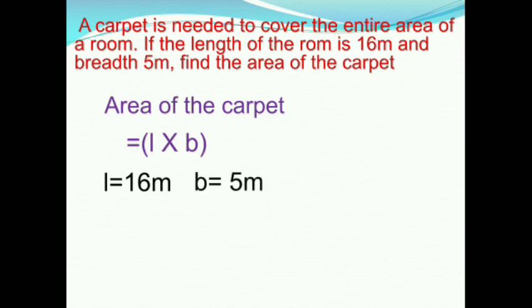Yes, breadth equals 5 meter. Now we should find out the area of the carpet. First we should multiply 16 by 5. 16 5s are 80. Therefore, the area of this carpet is 80 square centimeter.